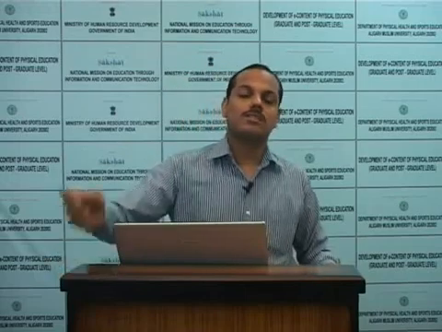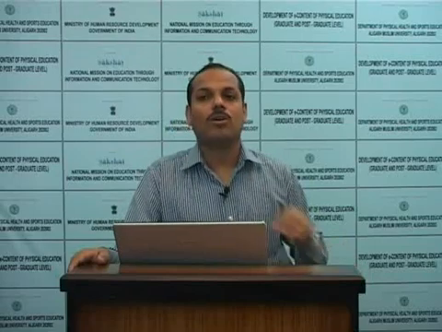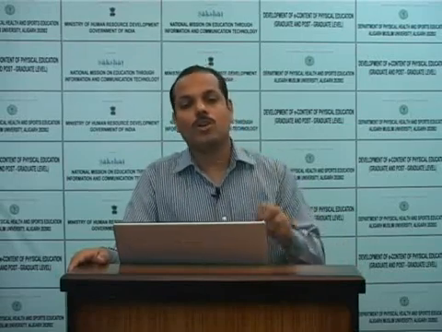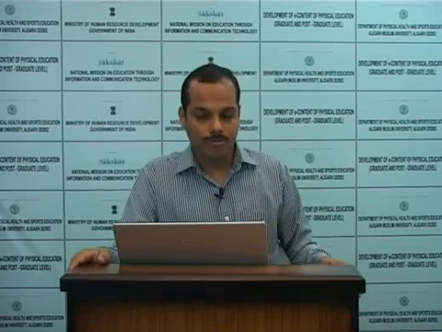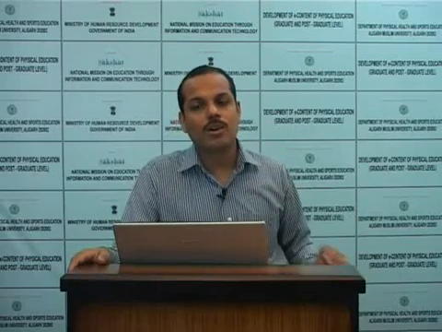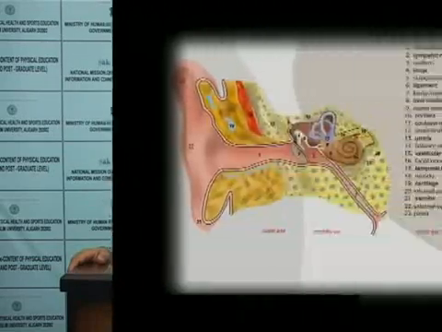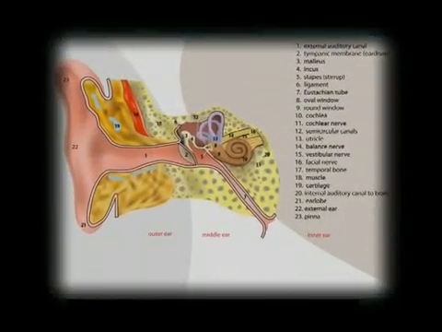Over the basilar membrane there is a structure called the organ of Corti, and one organ of Corti can be seen in each ear. Special cells called hair cells are present in the organ of Corti, and these are the receptors of hearing.